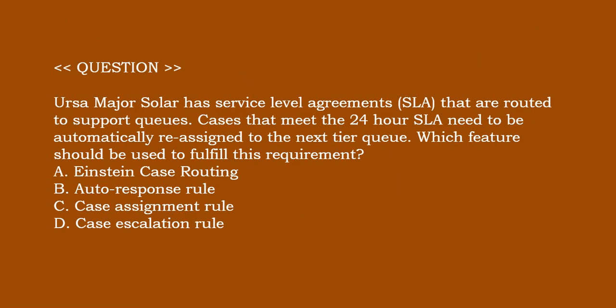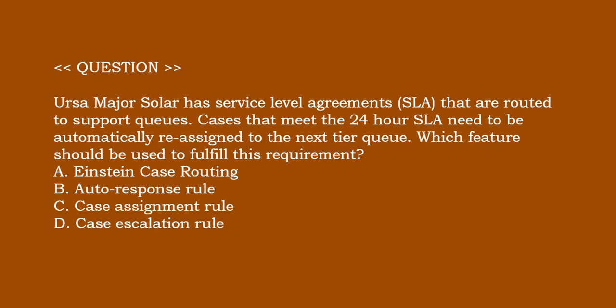Next question. Ursa Major Solar has service level agreements that are routed to support queues. Cases that miss the 24 hour SLA need to be automatically reassigned to the next tier queue. Which feature should be used to fulfill this requirement?